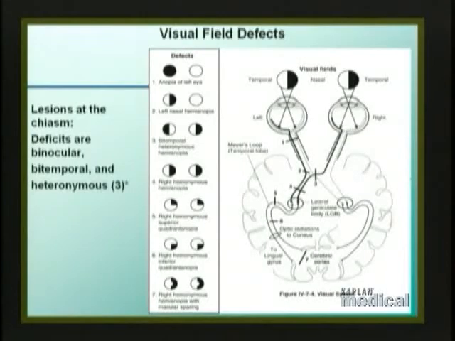In this case, you can see that there is a shading loss on the left side of the circle on the left, but on the right side of the circle on the right, a heteronymous defect. So classically, if the chiasm lesion is complete, the visual field deficit that occurs is known as a bitemporal heteronymous hemianopsia or hemianopia, as you can see there, assuming the lesion is complete.